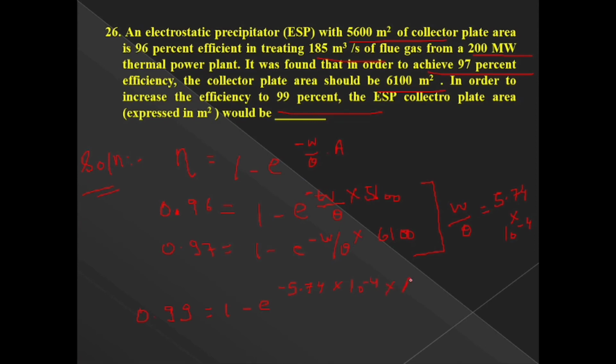We have to calculate the ESP collector area, which is equal to 8011.78 meter square. That is our answer. Okay, my dear students, this is question number 26. Now let's move towards question number 27.